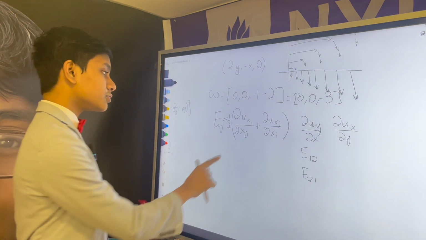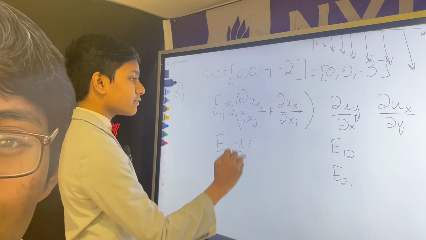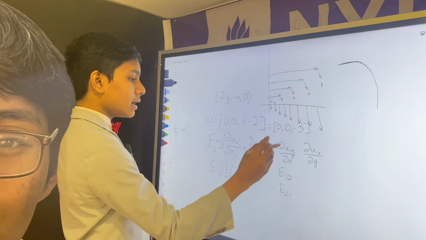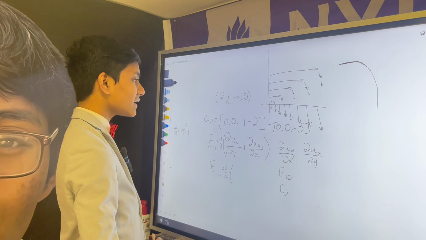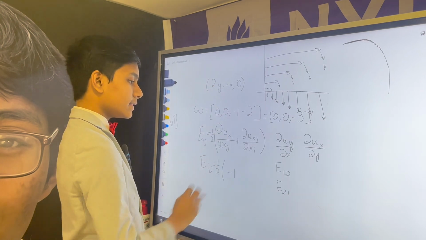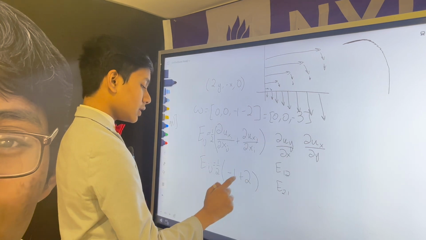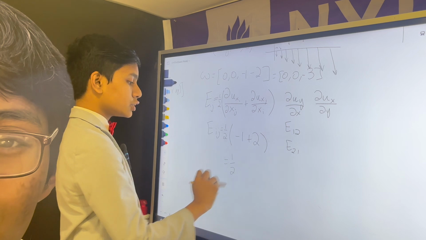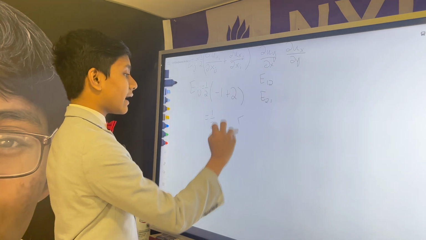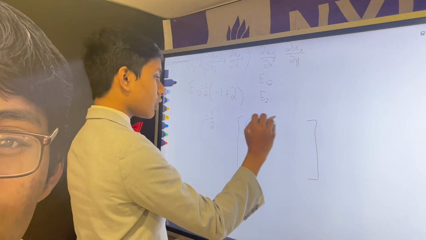When we do those, we get e_ij is equal to 1/2 multiplied by, this is going to be partial uy partial x, which is going to be -1. Then this is going to be partial ux partial y, which is going to be 2, which makes those two entries 1/2 and everything else 0, which means that our distortion matrix looks like this. 0, 0, 0.